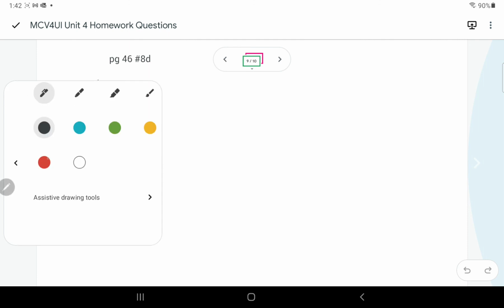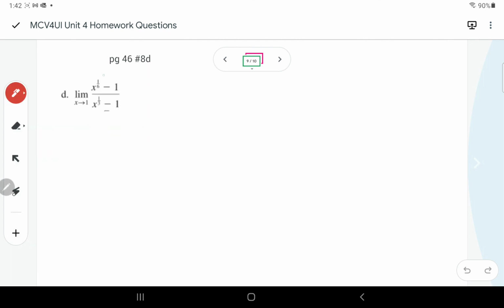And I feel like this x to the 1/6, the 6th root of x, is messier and objectively harder to simplify than the cubed root of x. I feel like we're maybe more comfortable with the cubed root. And it doesn't have to go this way, but I think that it's easier if we do. So I'm going to say let u equal x to the 1/6.